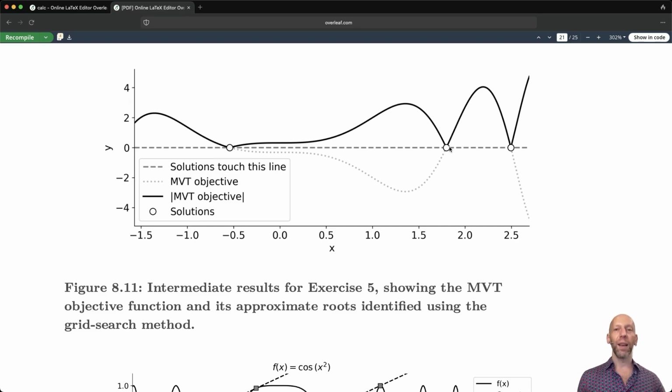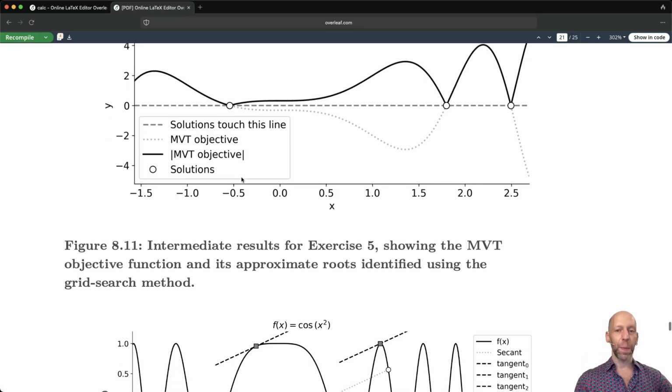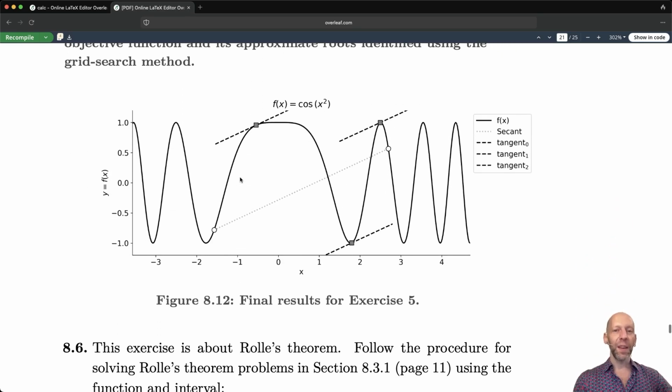Now, once you get these 3 solutions to this mean value theorem objective equation, those are the values of b that solve the mean value theorem. And once you get that, you can finally create this plot. Of course, you'll recognize the style of this plot. It's the same as the plot for mean value theorem solutions that we've been working with earlier in this chapter.